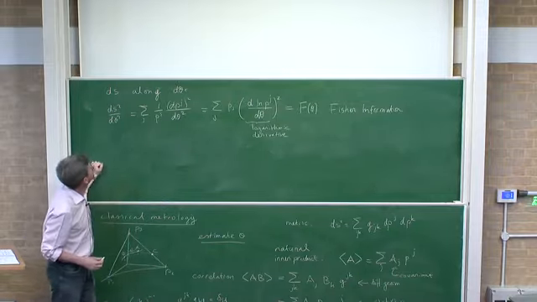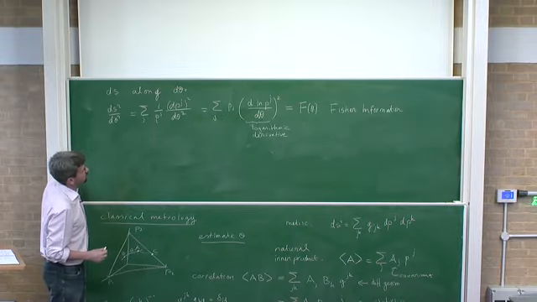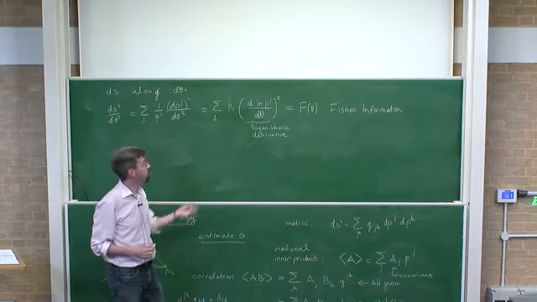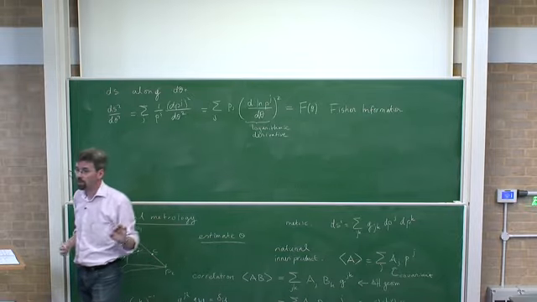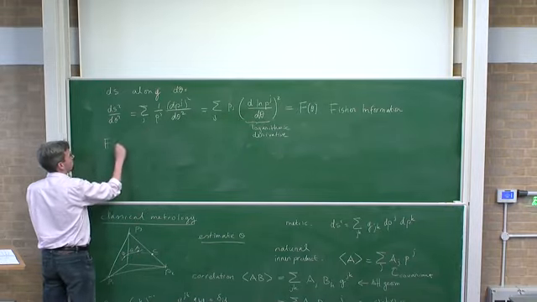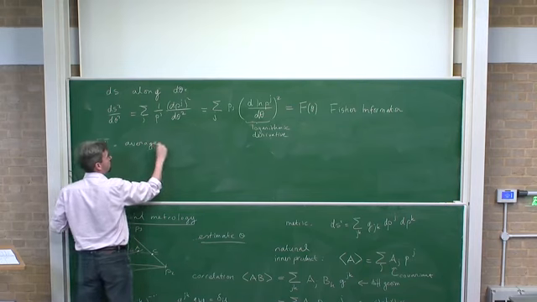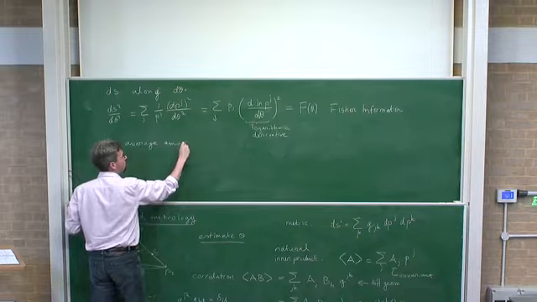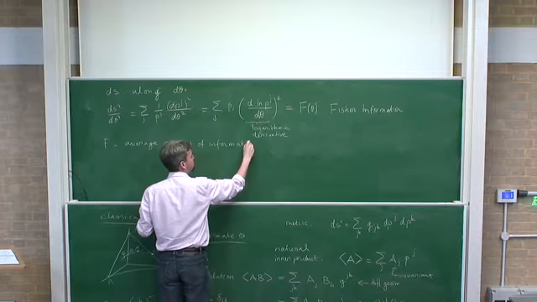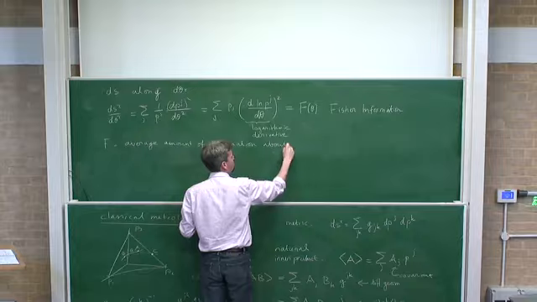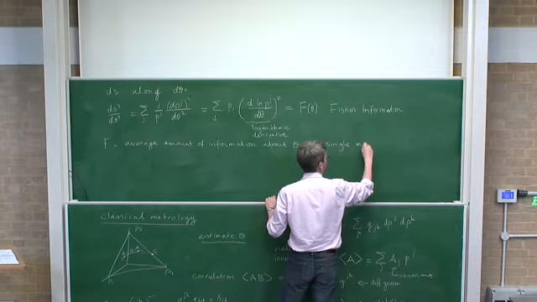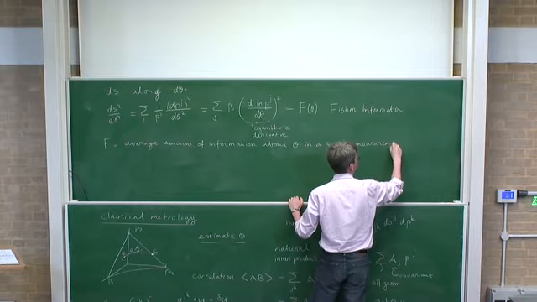But this is the Fisher information, and you can think of it as the amount of information that you get about your parameter theta in a single measurement, the average amount of information about theta in a single measurement.